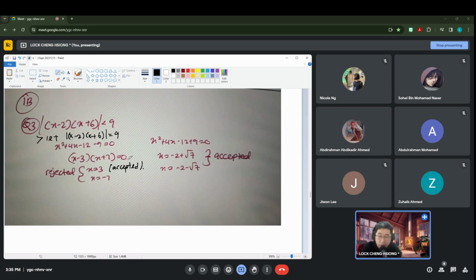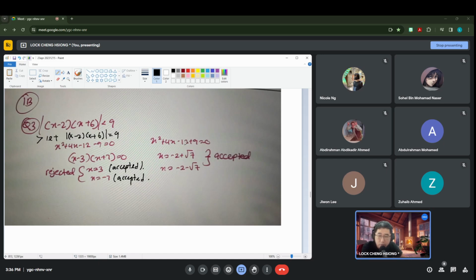When you do checking, you do it with the equal first, because you haven't done any inequality yet. Then that one also is accepted. The negative 7: negative 7, this equals to this, so this one is accepted.